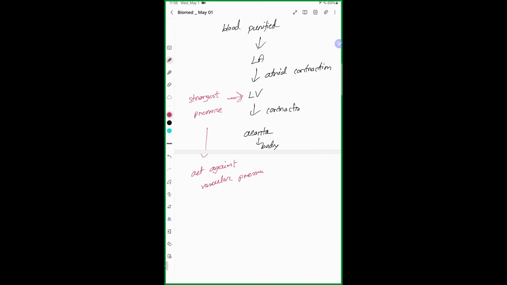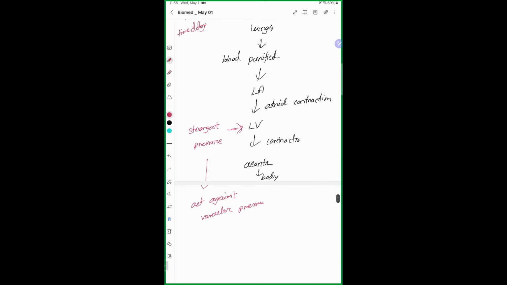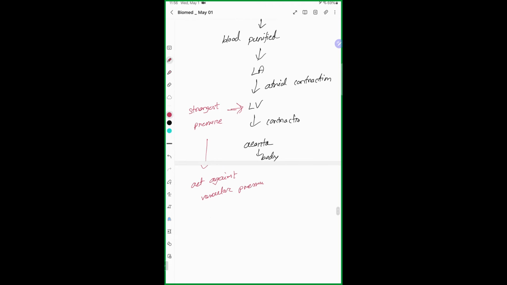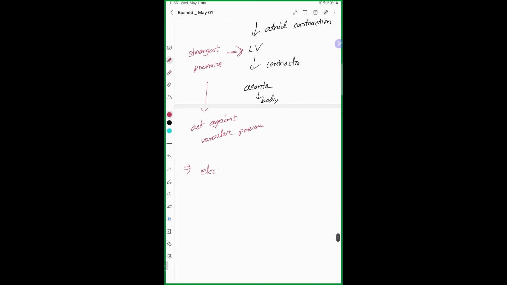But I'm talking about pressure. This is not the electrical signal. Signal and pressure are different. The strongest pressure, you will not be able to see properly in the ECG. The electrical signal that we see in the ECG precedes the pressure.